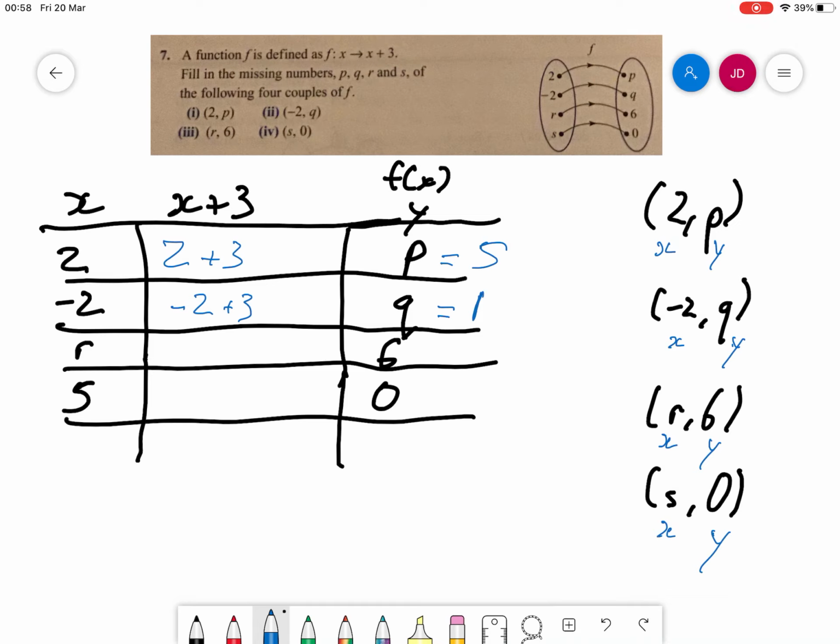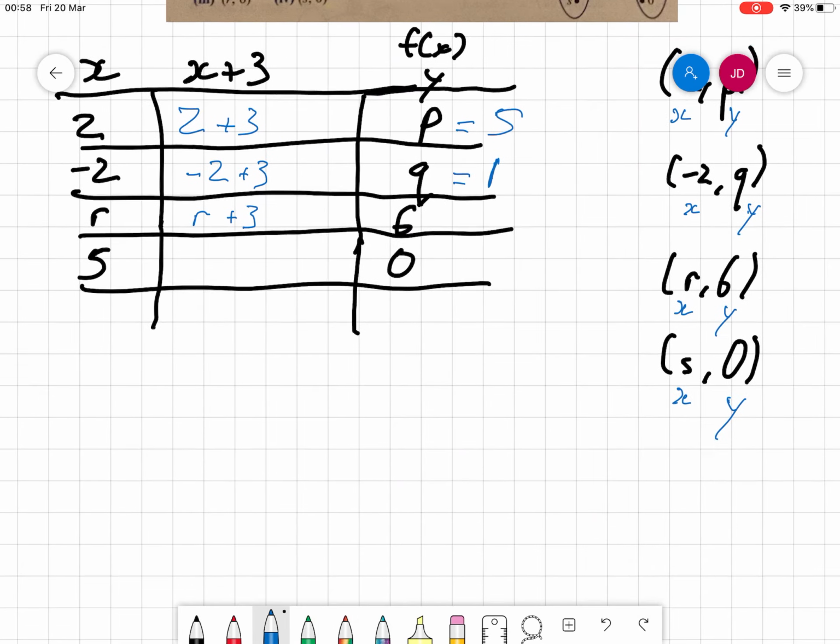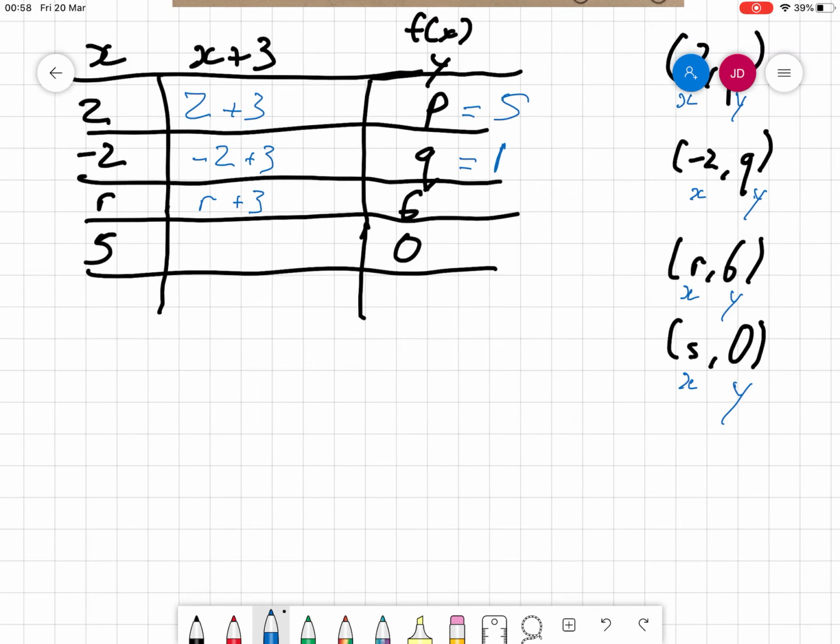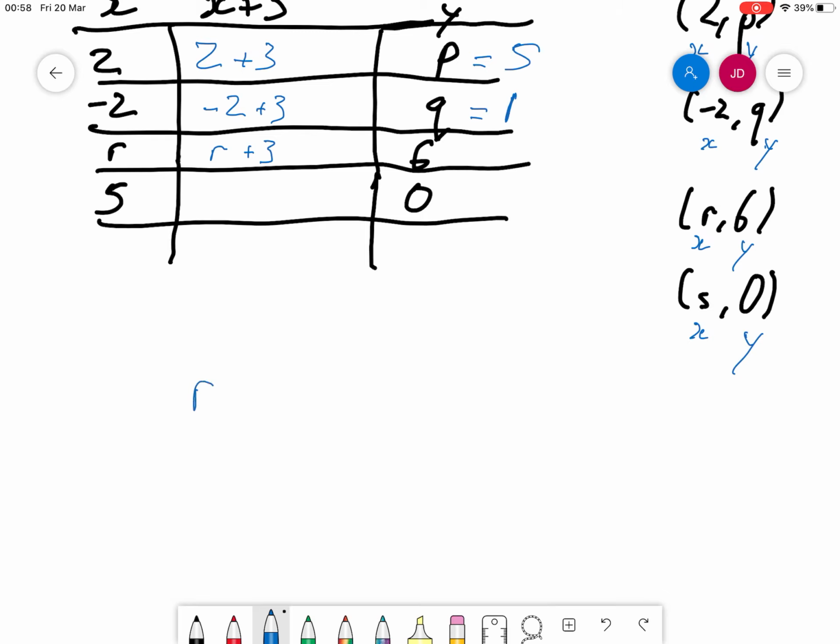In the next one then, my input is r, so it's going to become r plus 3. So r plus 3 equals 6. Now, what we need to do here is make this a bit of an algebra question. So I'm going to take it outside of my table, and I know r plus 3 equals 6. So how am I going to find what r is equal to? Well, I'm going to have to move 3 to the other side of the equal sign.